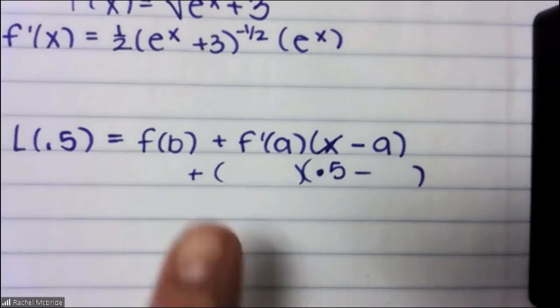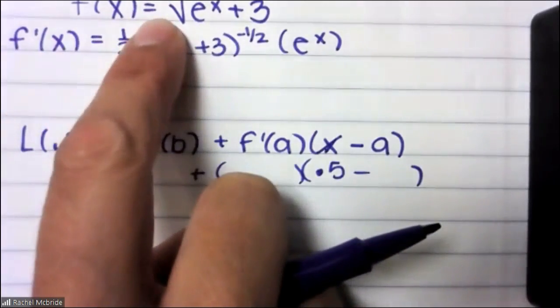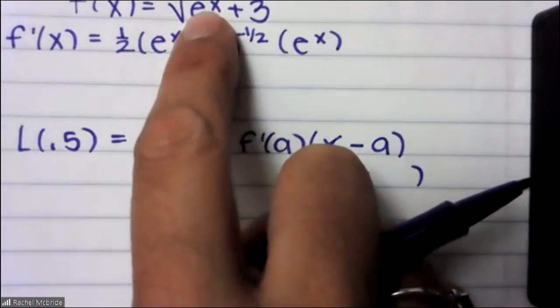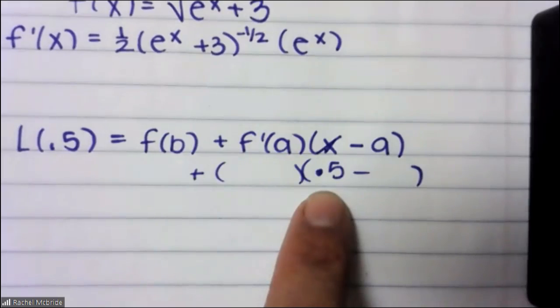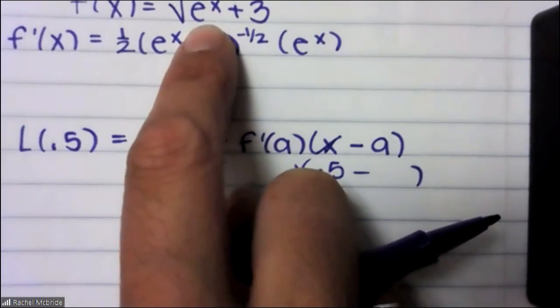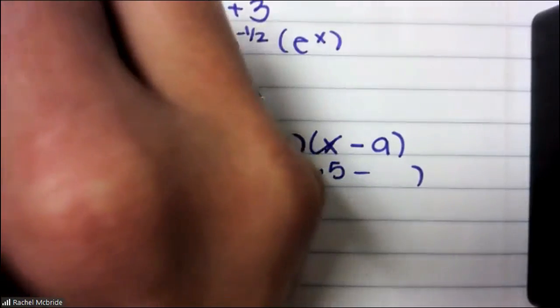That's where I was having trouble typing it all in. So if I look at f of x and I want to approximate 0.5, then I need to pick a point near 0.5 to plug in. And the easiest point when you have an exponential is always 0. So I'm going to use f of 0 and f prime of 0 to help me.